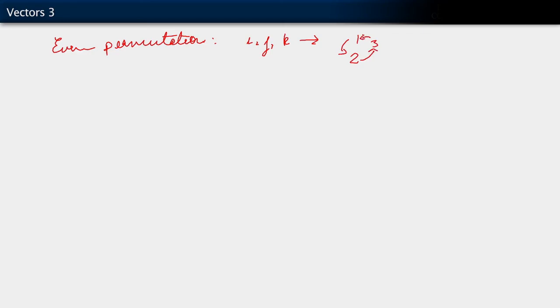If ijk can be written as either 1, 2, 3 or 2, 3, 1 or 3, 1, 2, it is an even permutation. An odd permutation is ijk simply going the other way now.